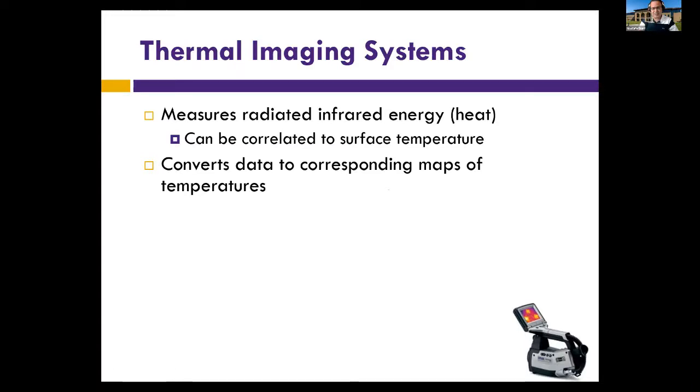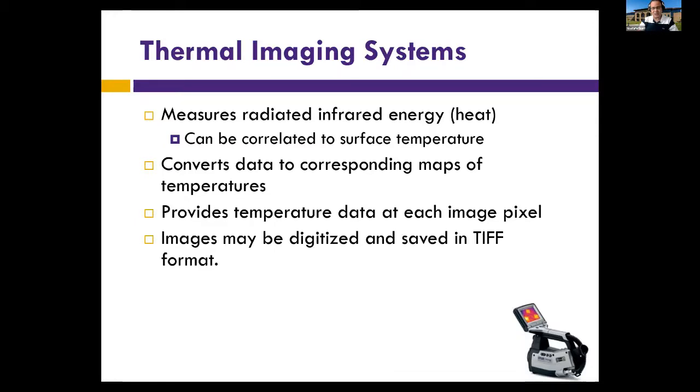This camera will display a contour map showing the temperature contour in a pavement surface. And from this contour map, you can detect the locations that have reduced temperature. And these locations are thermally segregated. And this image can be saved in TIFF format.